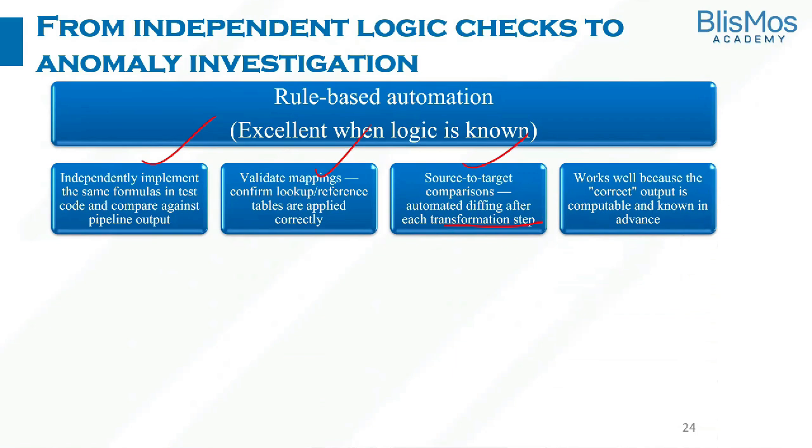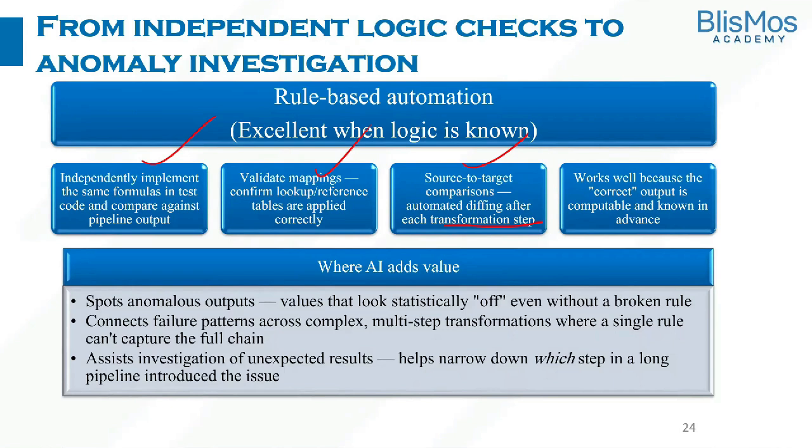So, where can AI add value here? AI adds value when something looks wrong, but explicitly looking at the wrong records or wrong values does not explain why it is wrong. In that case, it may detect anomalies.